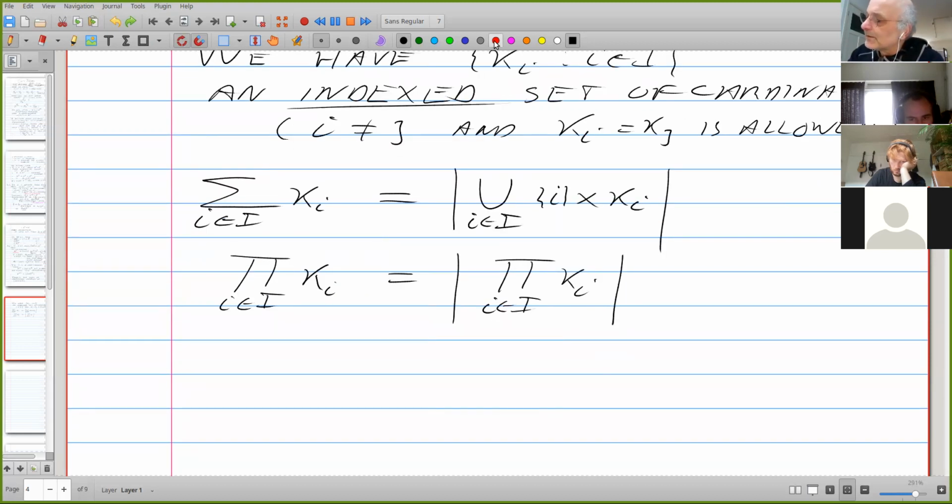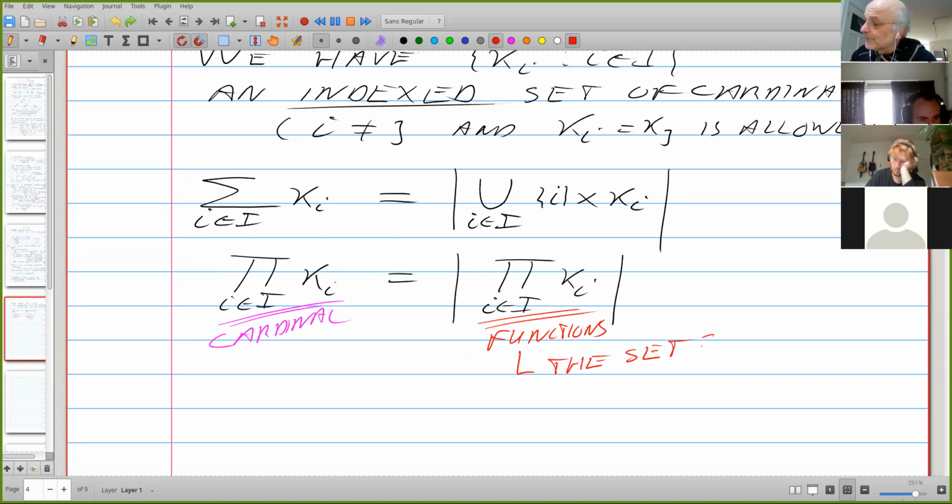And so here, the Cartesian product of a family of sets is the set of choice functions.